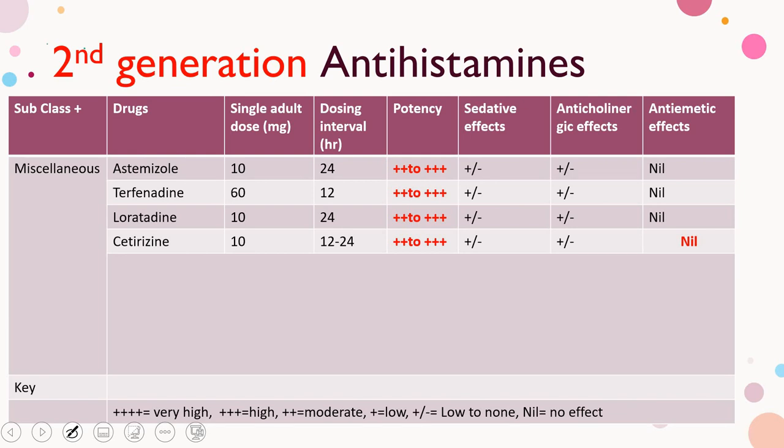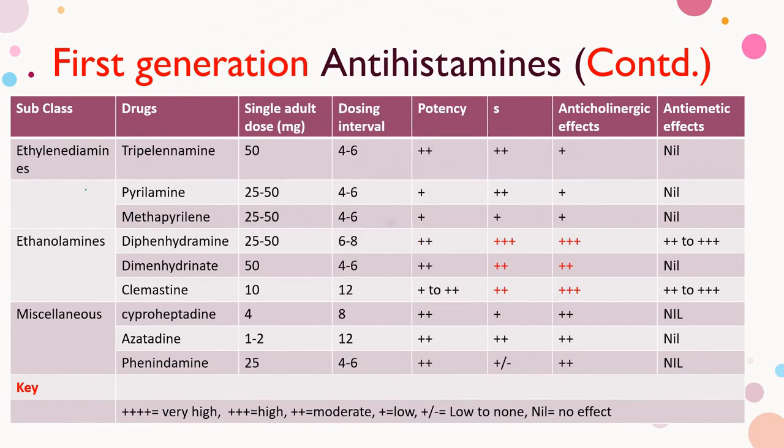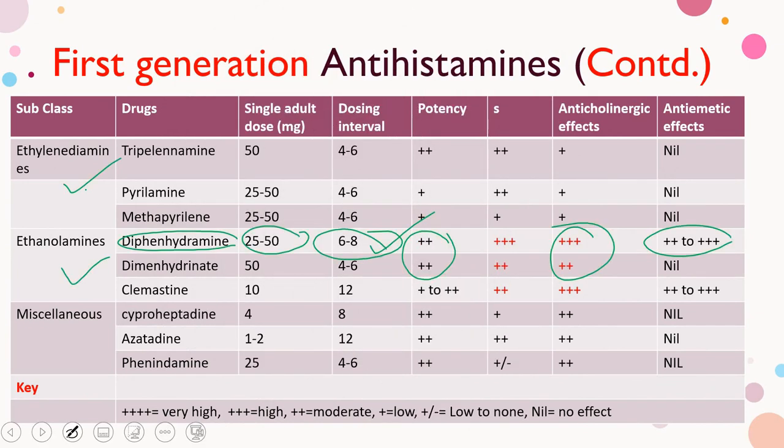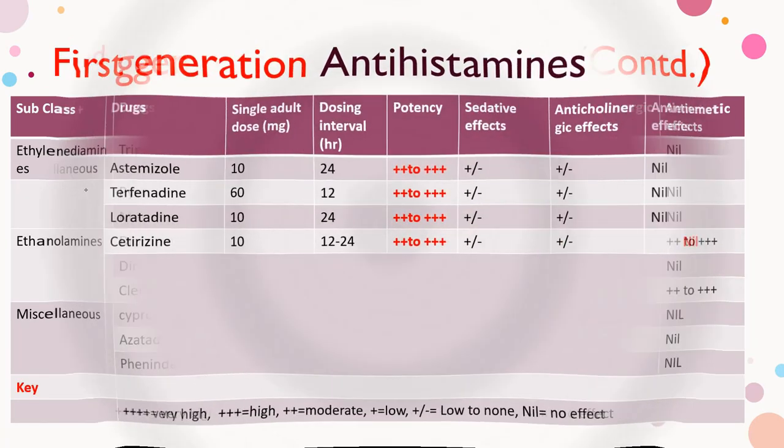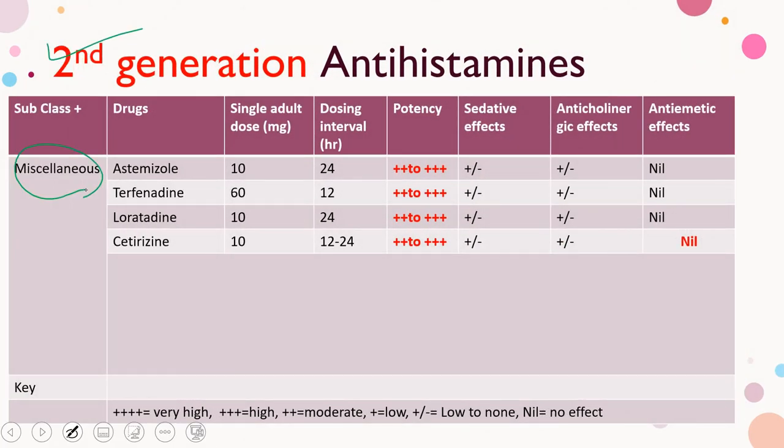This is the second generation antihistamine class, and usually it is termed miscellaneous because they cannot be classified based on chemical structure, like ethanolamine, ethylenediamine, alkylamine, phenothiazine, and piperazine. Why? Because they have different structures, especially the second generation here.